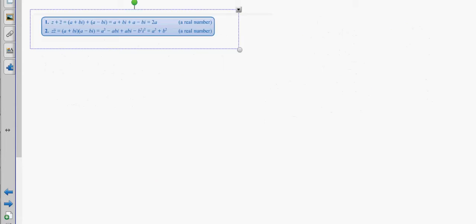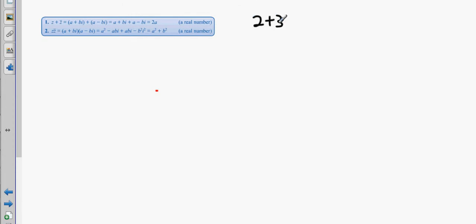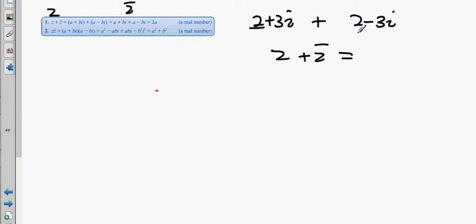Okay, so what's explained here is what happens when you add a number to its conjugate. For example, 2 plus 3i is z, and z bar is going to be 2 minus 3i. When you add a number to its conjugate, you get 2 plus 2, which is 4, and the imaginary part disappears.